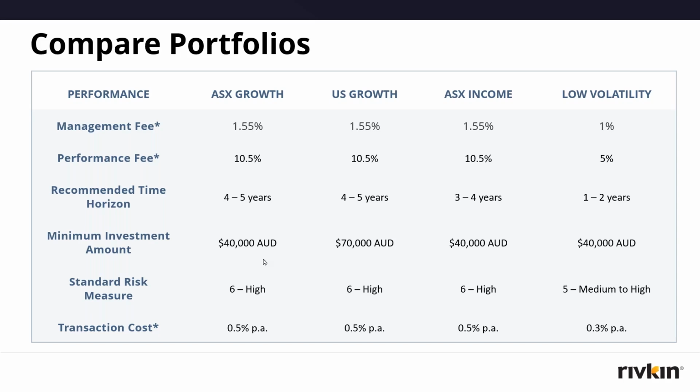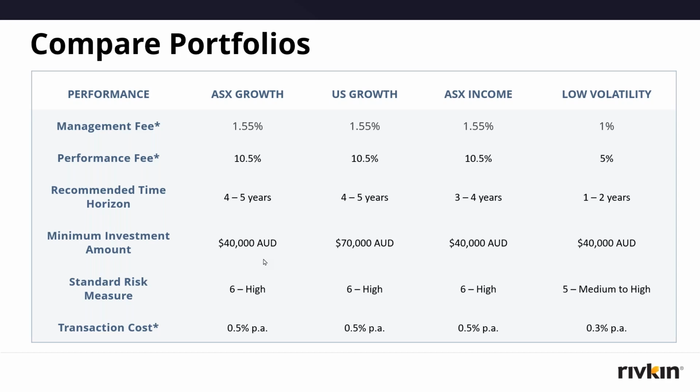The minimum investment amounts: for ASX Growth, ASX Income, and low volatility, they're all 40,000 Australian dollars, while US Growth, because we need to convert to US dollars and we want to make it efficient in terms of brokerage that's going to be charged for a minimum amount per share, has a higher minimum amount of $70,000.